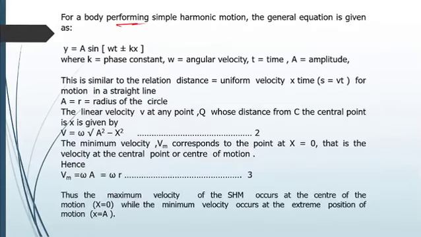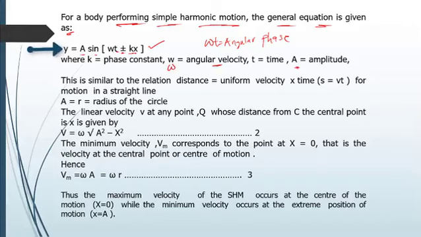Now, for a body that is performing simple harmonic motion, we have some general equations, such as this one you see here: y equals a sine wt plus or minus kx. K is the phase constant, and wt is called the angular phase. We'll look at that also in subsequent lessons. Here, omega is the angular velocity, like I said, and t is our time as usual, while a is our amplitude.